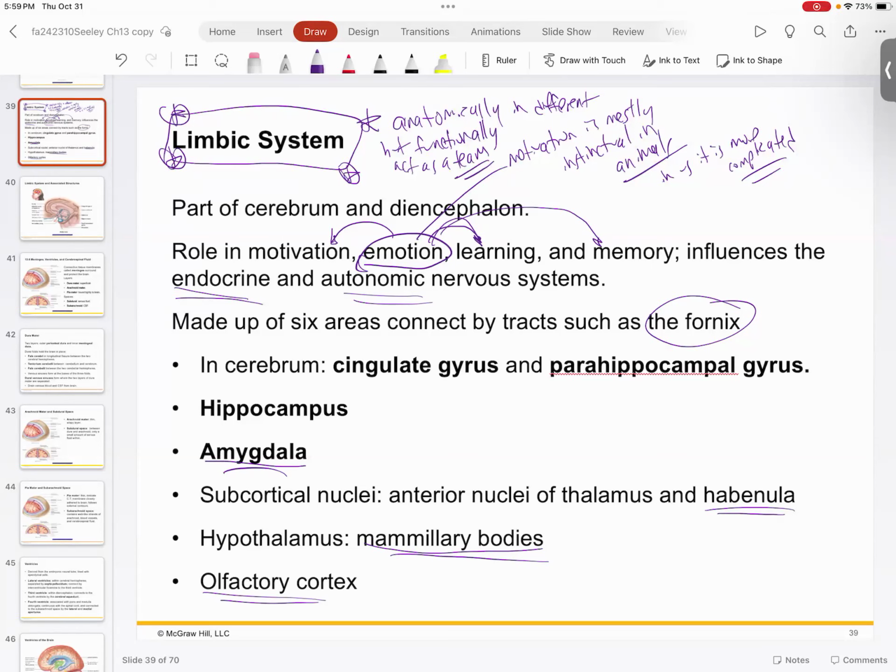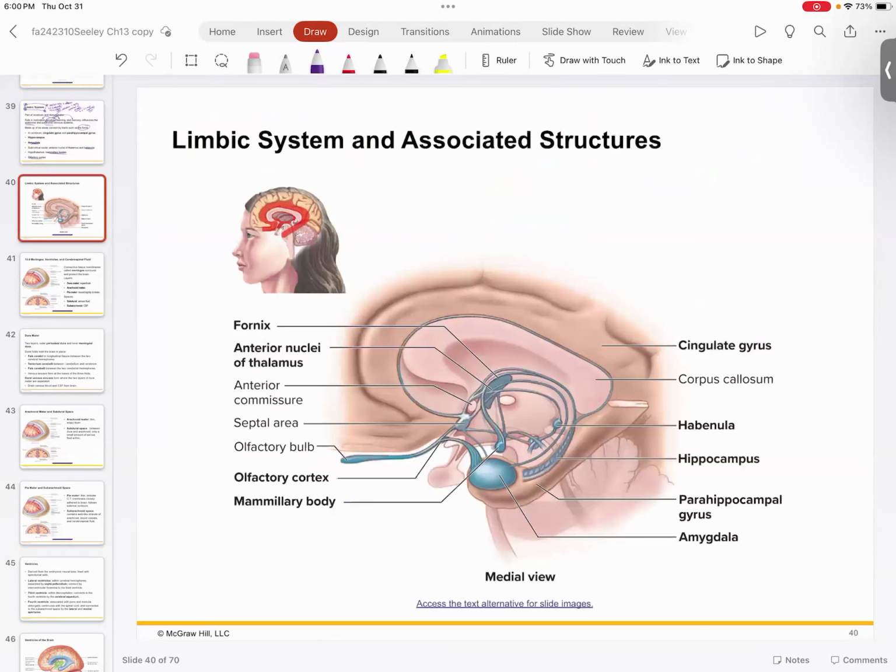You see the same thing with your motor control. There are parts of your brain that are spread out in different anatomical locations, whether it's your midbrain or your cerebrum, your thalamus. They're located in different anatomical regions, but they all come together to act functionally as a team. And the limbic system is the same way.